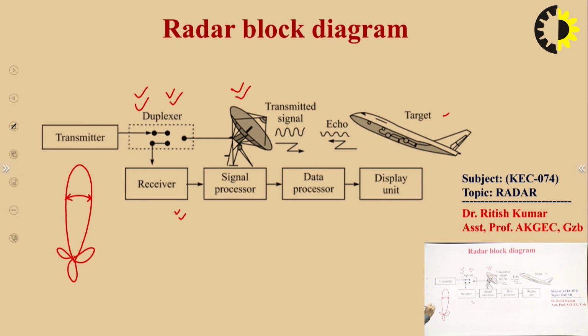And to know the exact location of the target, this beam width should be as low as possible. Now you can see here the process of analysis over the signal that we have received through the receiver.